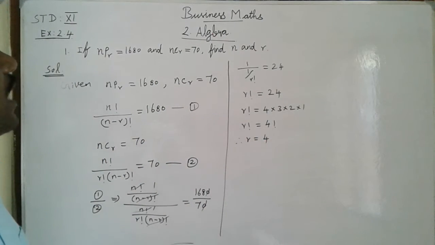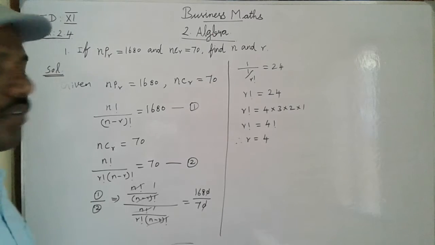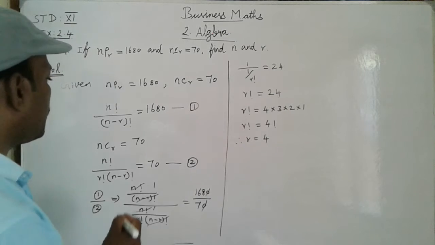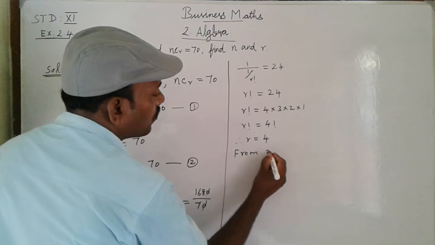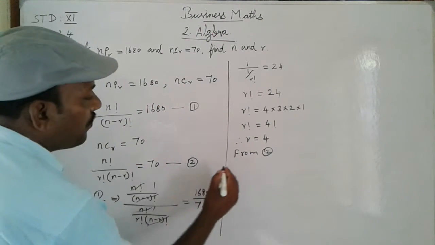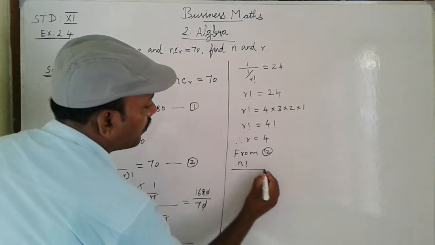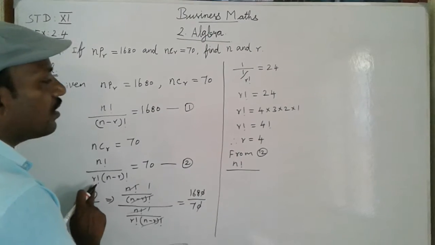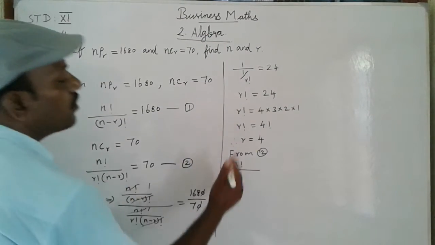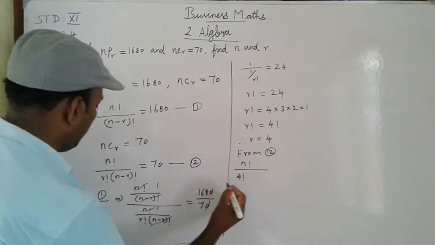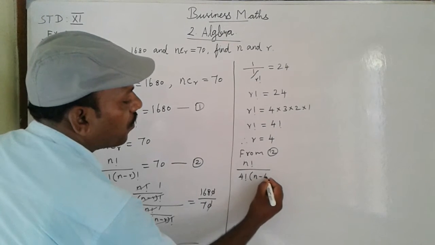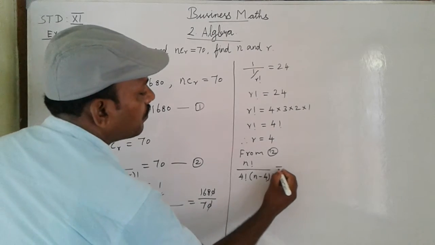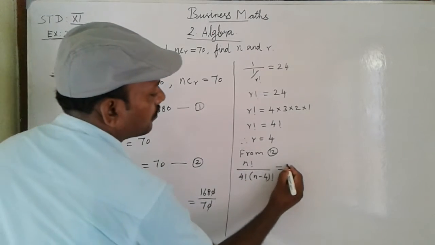Next we should find out the n value. Then the r factorial value we should substitute in the second equation. From 2, n factorial divided by r factorial, r is what? 4. So 4 factorial, next (n minus r) factorial, r is 4, (n minus 4) factorial equal to 70.